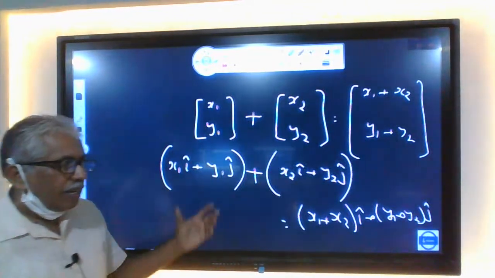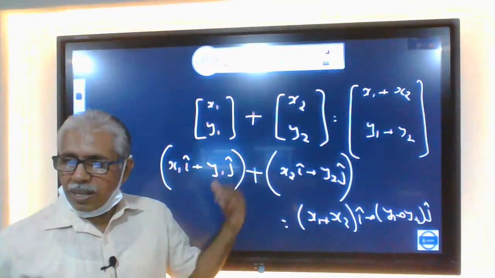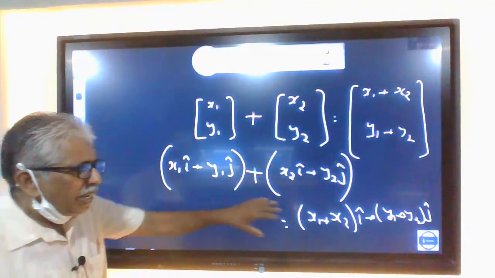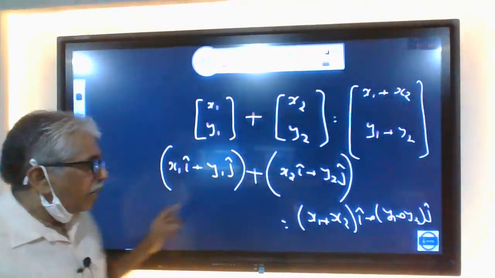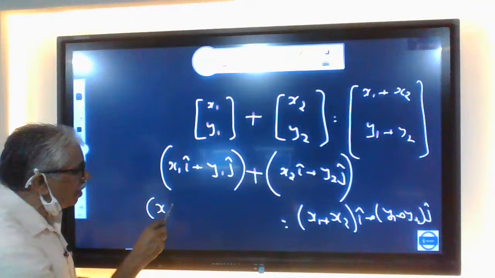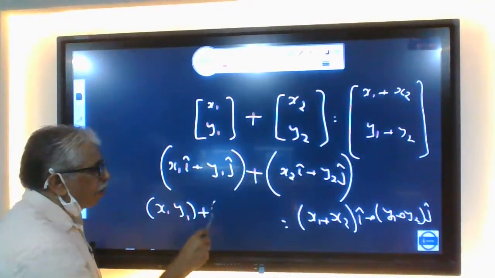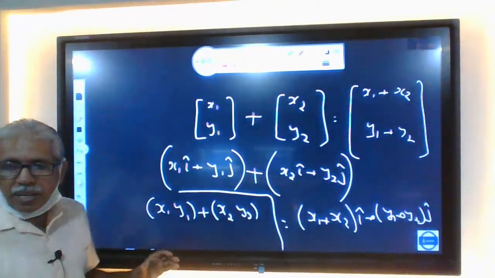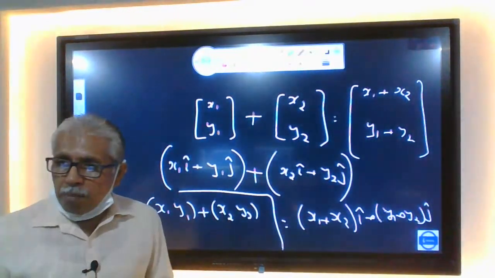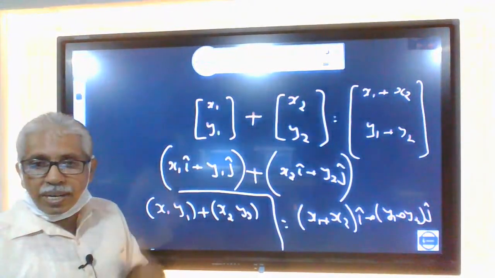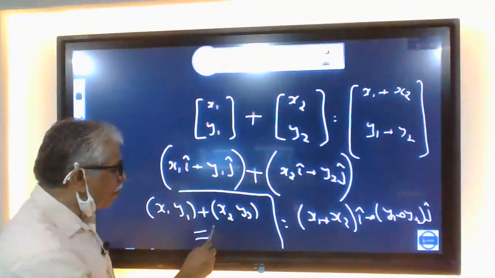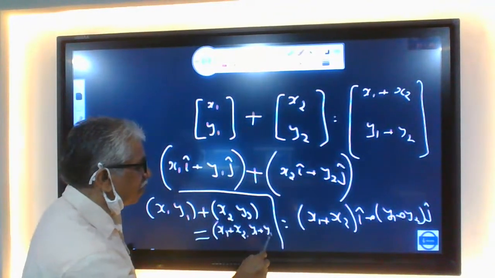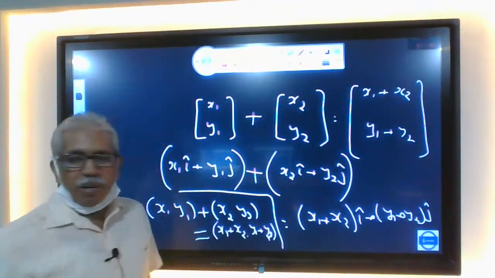So you are getting the sum of points written in the language of vectors. The point x1, y1 and the point x2, y2 can be added in a meaningful way to get the point x1 plus x2, y1 plus y2.